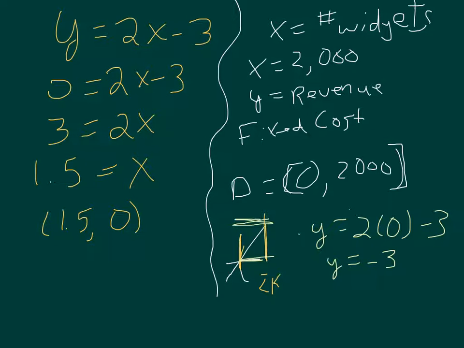So the lower range of your equation is (0, -3). Once again, y is equal to 2x minus 3. So at 0, you get y is equal to negative 3.